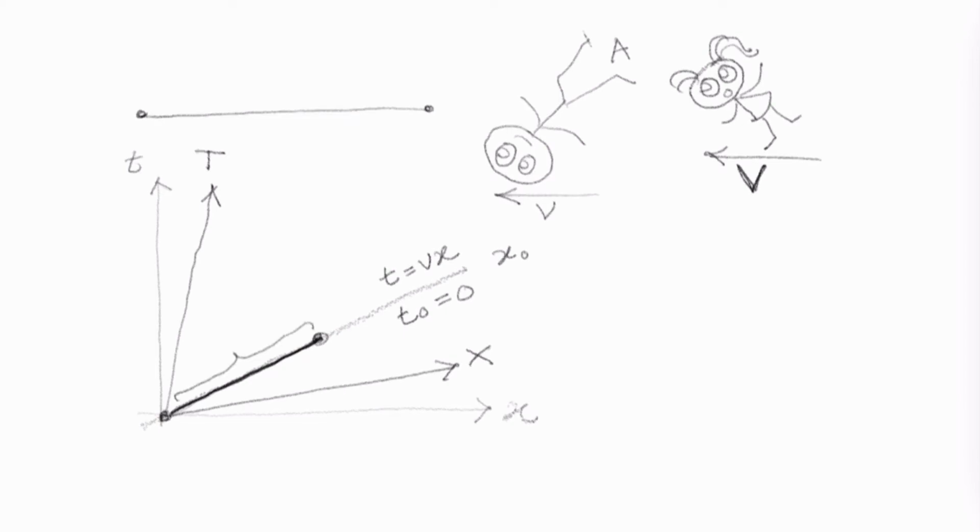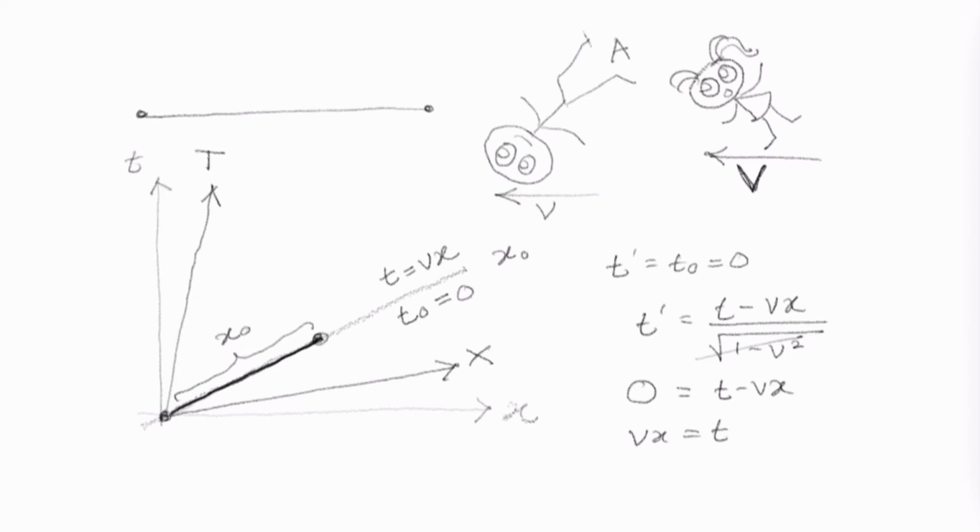Let's apply Lorentz transformations to this. Here t equals t naught and is 0. T bar equals t minus Vx over square root of 1 minus V squared. So t bar is t naught and it is 0. So 0 equals t minus Vx, so V is t over x.